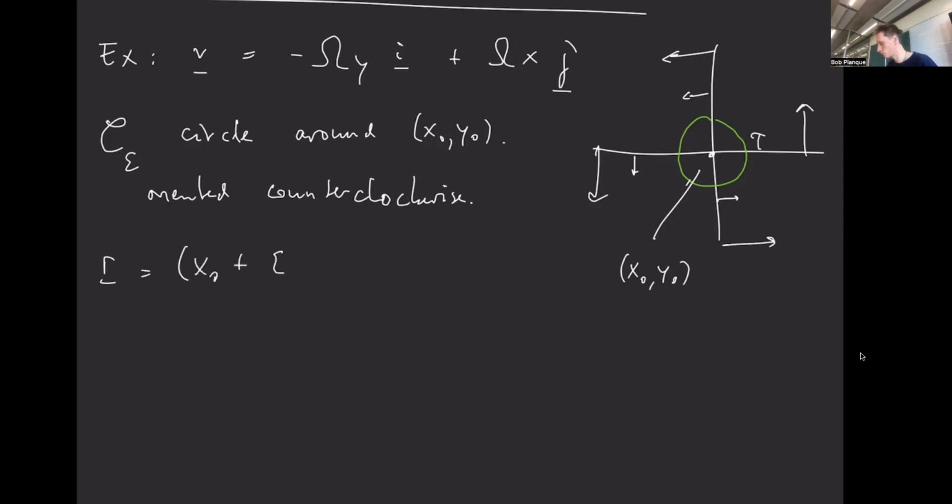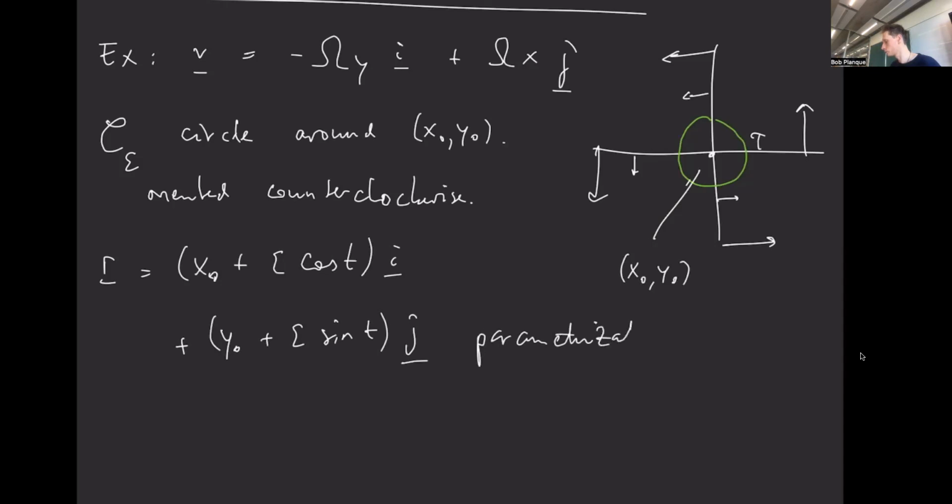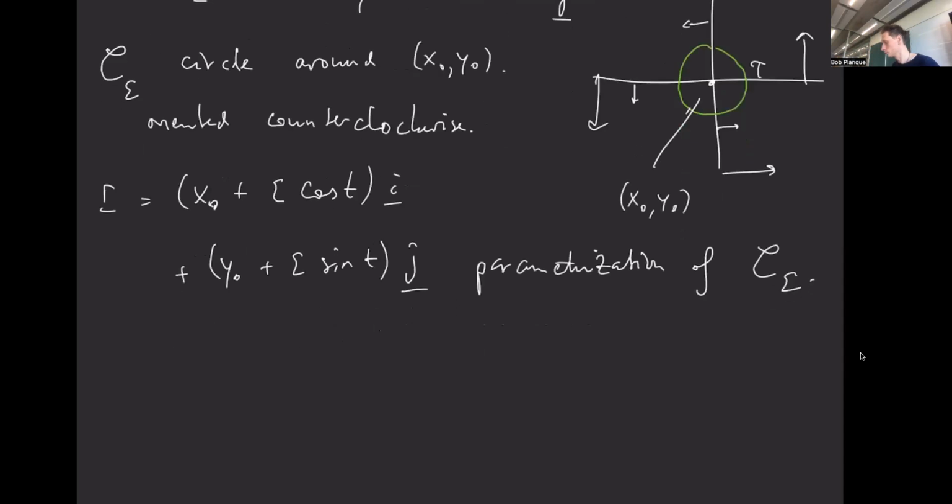So the parameterization of this thing looks like, well, essentially just cosines and sines. I just have to shift everything by x naught, y naught, and I have to make this thing have a radius epsilon. So this is my parameterization of this circle. And I would like to compute one of these circulations.